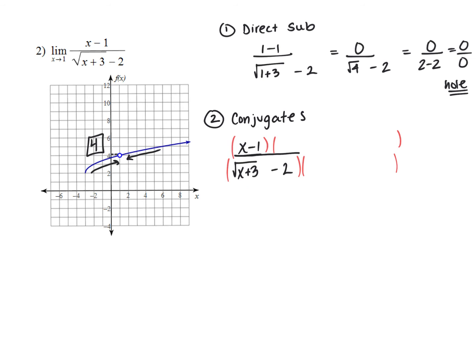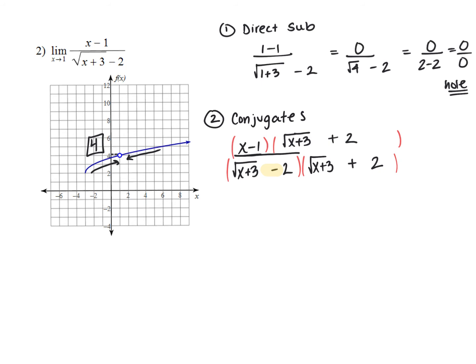So remember, conjugate means to switch the middle sign only. So we're going to make this radical x plus 3 plus 2. Notice that I'm not changing this plus. This is one term, this is the other. I'm just changing the sign in the middle. So radical x plus 3 under the radical plus 2.